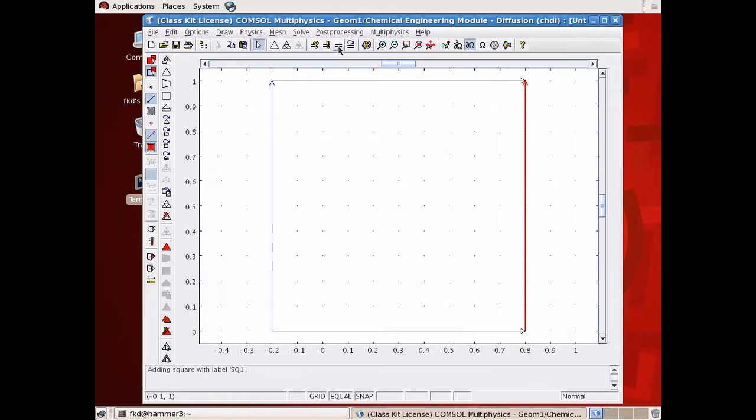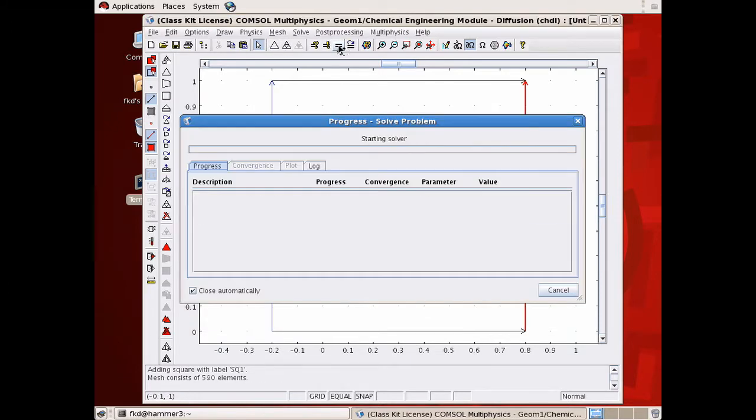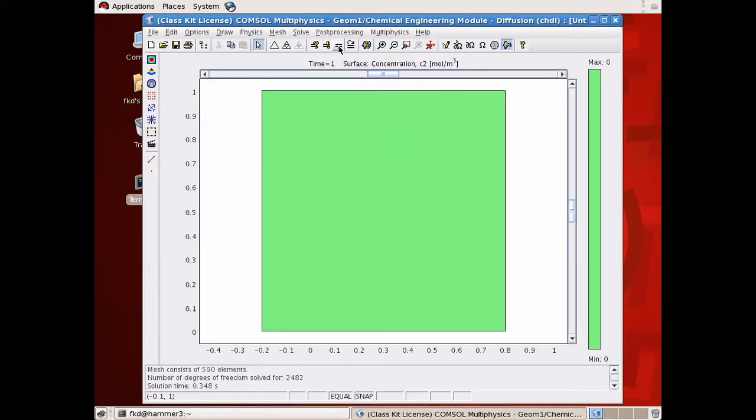So if I run that, so this is the geometry I have. So you know head is equal to 1, head is equal to 0. Velocity is equal to hydraulic conductivity, which is our d value, times the gradient of head. So you should be able to tell me exactly what the velocity is going to be.